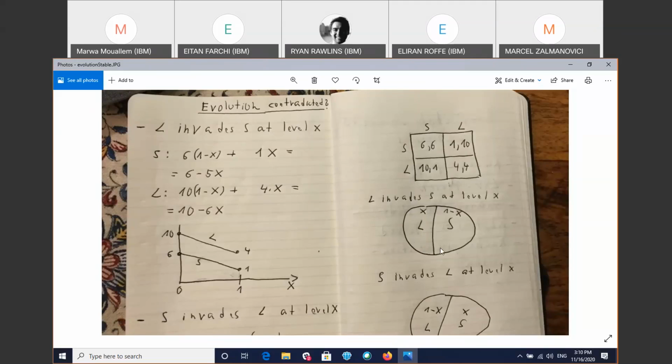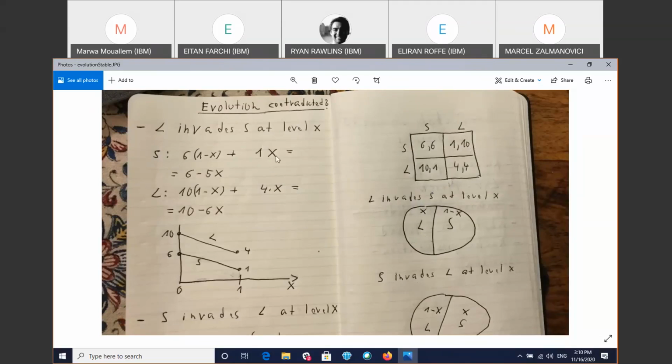And when they meet, the outcome is determined by this same matrix that we talked about previously. So let's see what S is going to be doing if X is invaded by L.